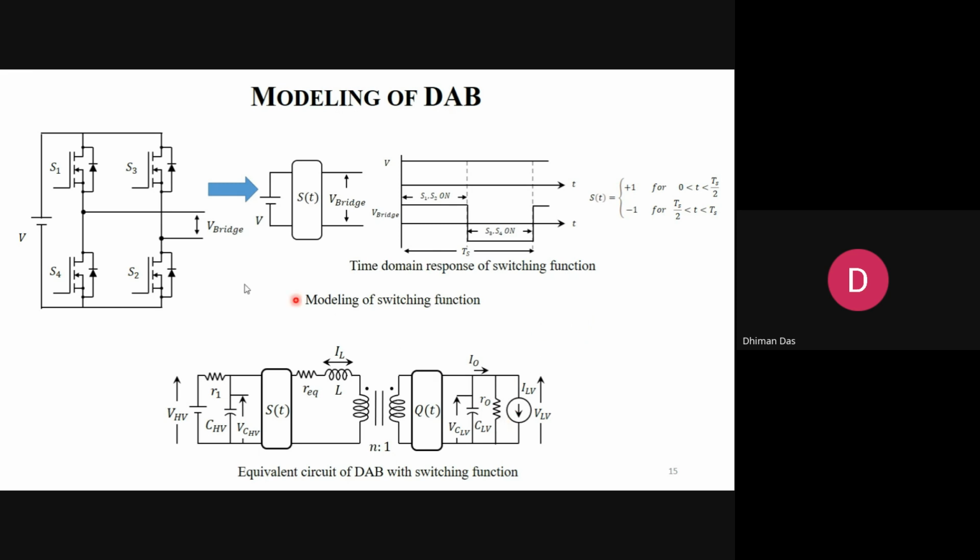Now you can reduce the whole circuit, instead of switches, by replacing it with the switching function. So at the primary side is S of t, at the secondary side is Q of t, and there is the interface inductor between the two. This IL is actually controlling the amount of power flow.